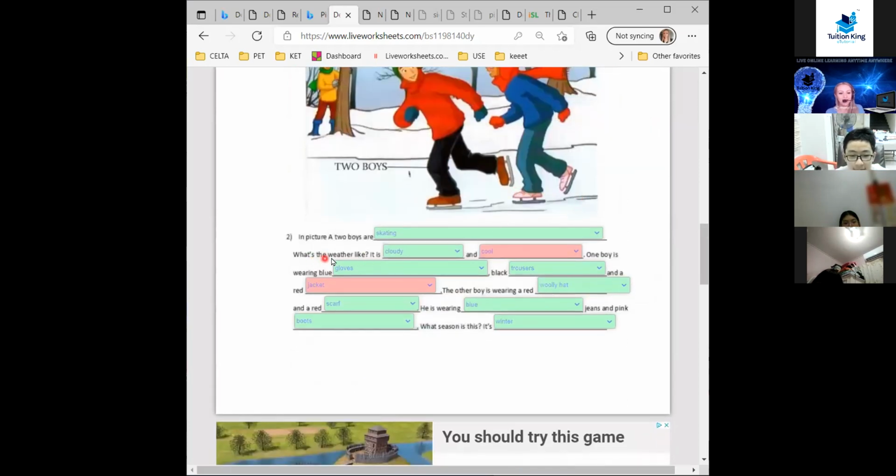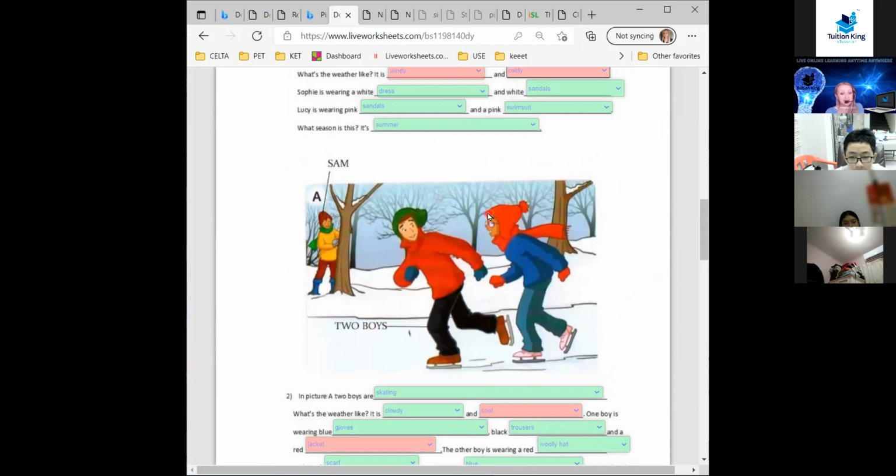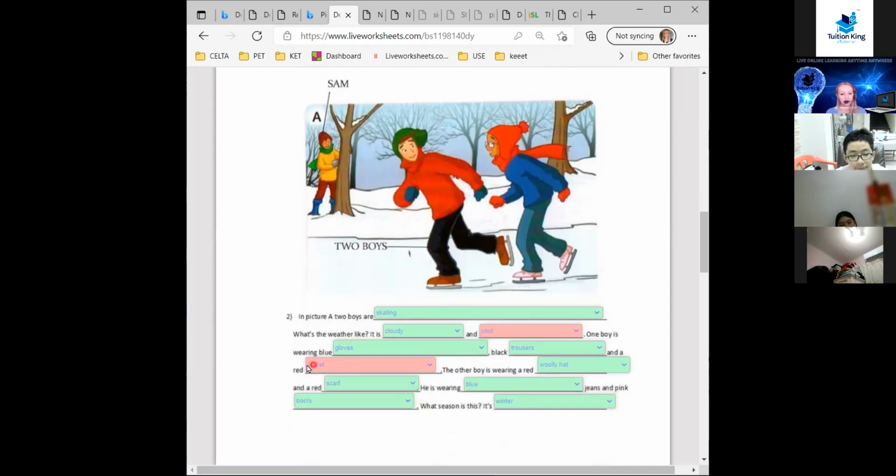That's fine. Let's look at here. What's the weather like? It's cloudy because if we look outside, it's cloudy, right? But we're going to choose cold, not cool. Cold because it's winter. Because in winter, it's actually quite cold. Let's look at his clothes. What is he wearing?